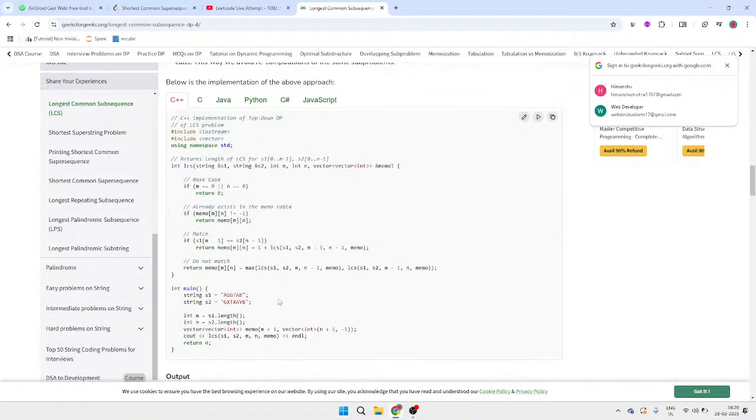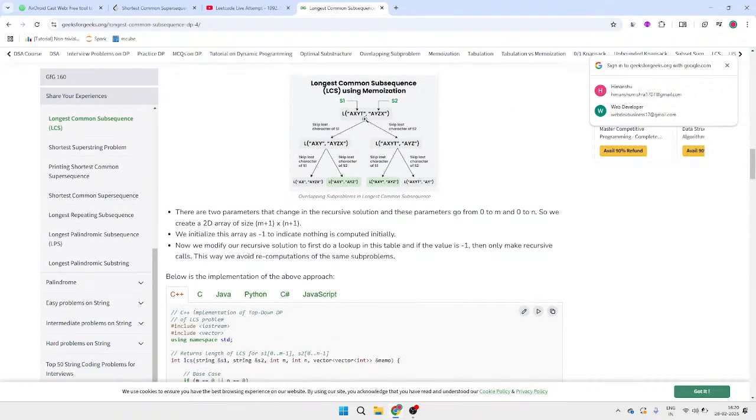I cannot get it, man. Like they started with this is the m, this is the n, which is basically the last pointer of both of these strings. In one case they remove this t from there, and in one case they remove this x from there.